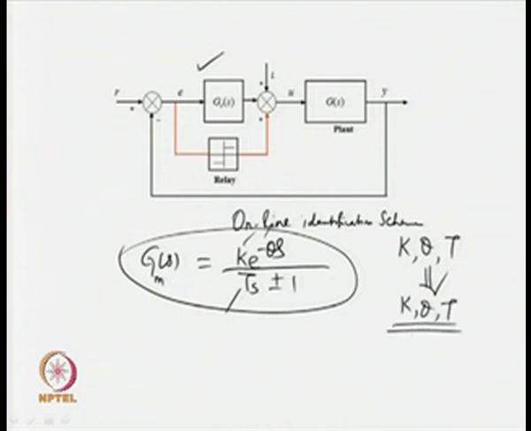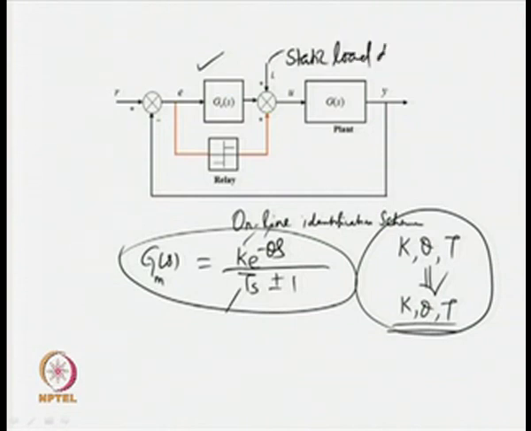Not only improved values for K, theta and T, but during online identification, we can overcome the ill effects of static load disturbances in particular. And if there is sensor inaccuracy, we have the sensors in the feedback path.